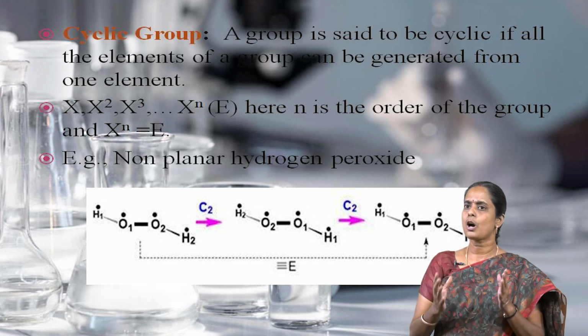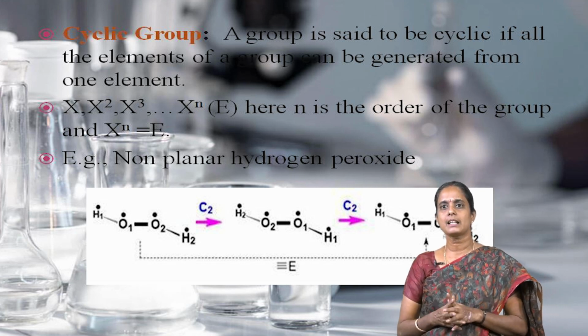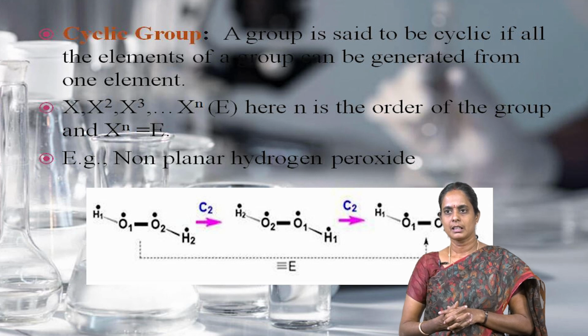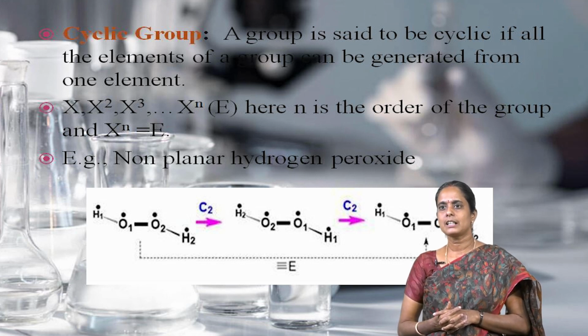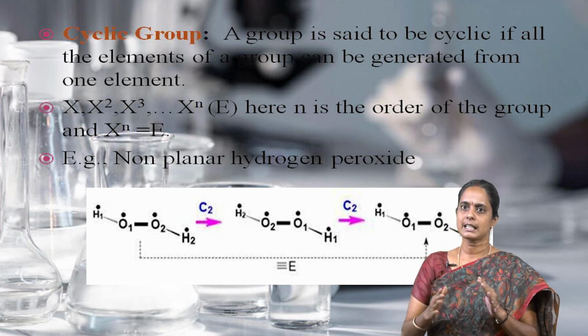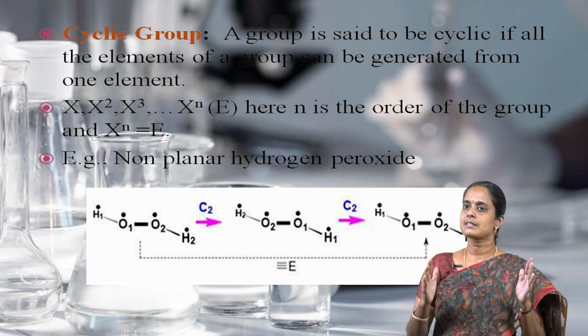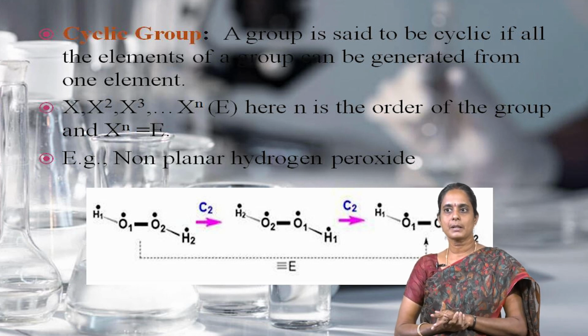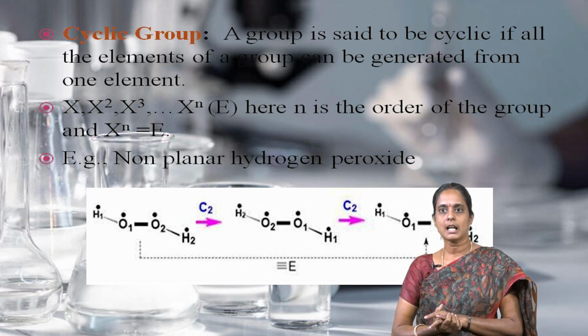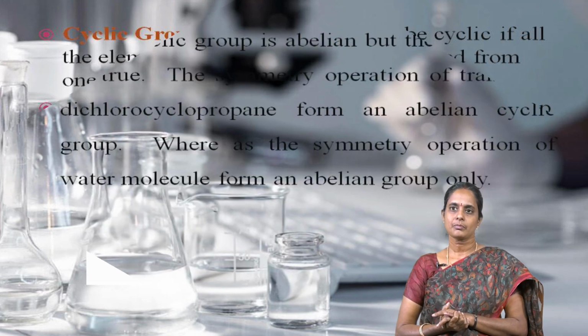The symmetry operations of non-planar hydrogen peroxide, that is H2O2, form a cyclic group of order 2. Here the two symmetry operations are C2 1 and C2 2.